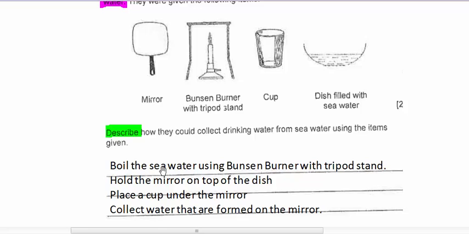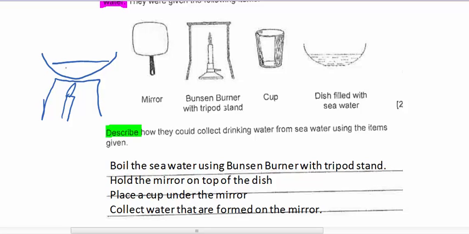Now I know some of you may not be able to visualize it, so I'm going to try to draw it and show you how it might look. First you place your dish. Let me erase this first. Let's try this again. Place your dish with your seawater on top of your Bunsen burner.